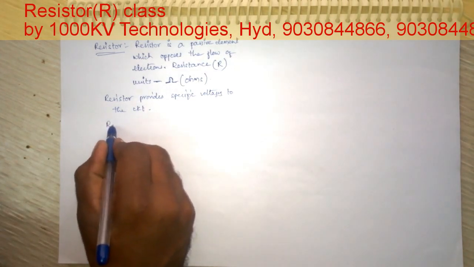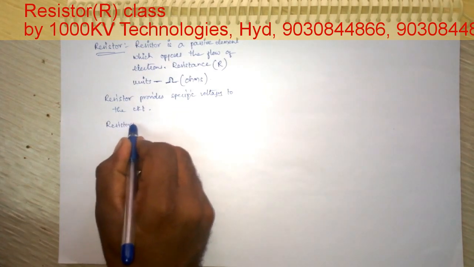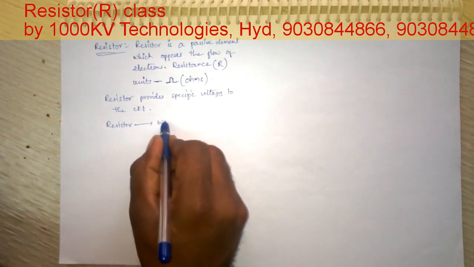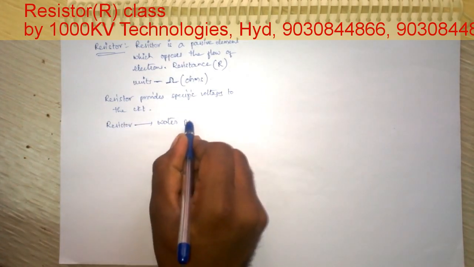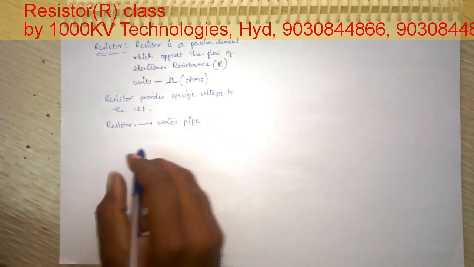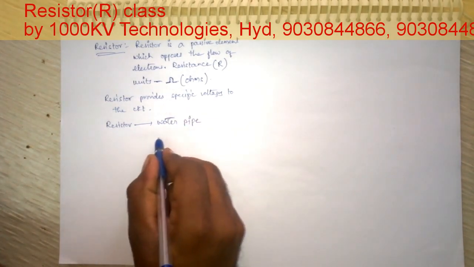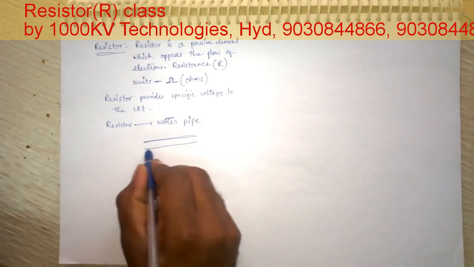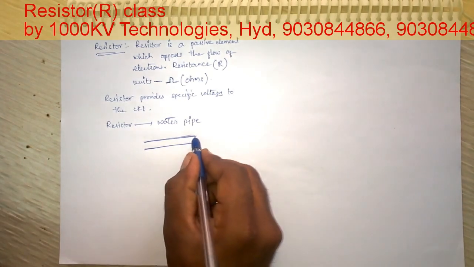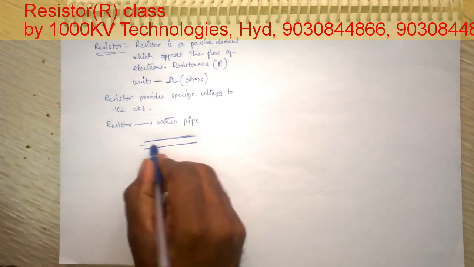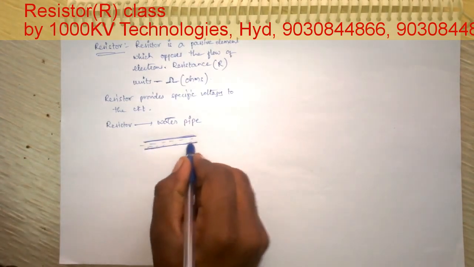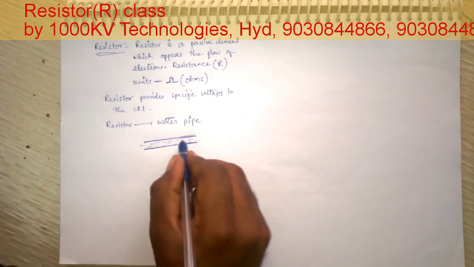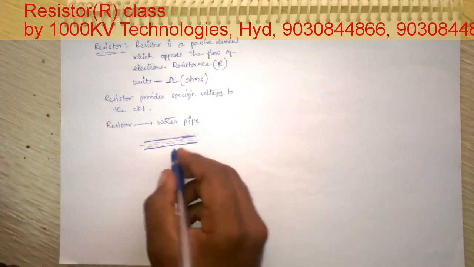The resistor is similar to that of a water pipe. See, this is a water pipe. This water pipe is even with no twist. The water is flowing in this direction with a uniform rate of velocity.